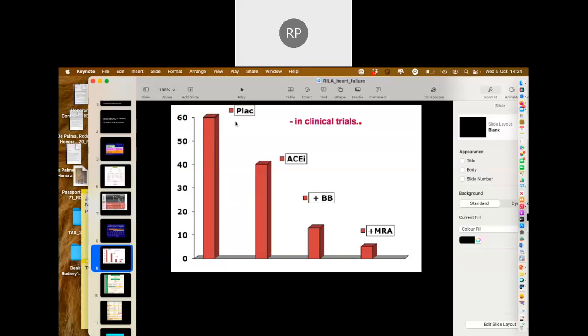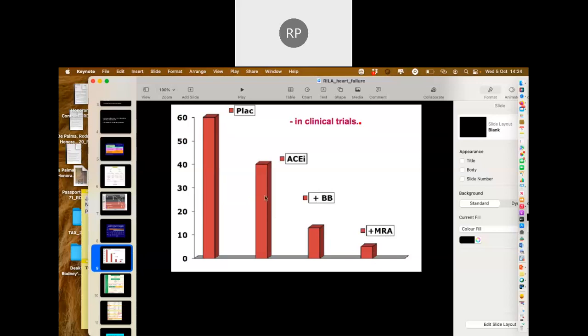And you can see that with placebo, the mortality is very high at 60%. And then if you add in an ACE inhibitor based on clinical trials, then you reduce that significantly down to about 40%. If you add in a beta blocker on top of that, obviously this is in patients who can tolerate these drugs, then you reduce it further. Add in a mineralocorticoid receptor antagonist and it reduces further still.